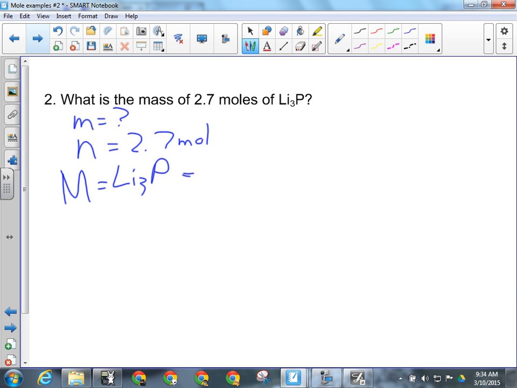Okay. So we've got to calculate the molar mass of this stuff. So lithium is 6.94, and there are 3 of them. Okay? And then we've got phosphorus, which is 30.97. Is that right? Okay? All right.